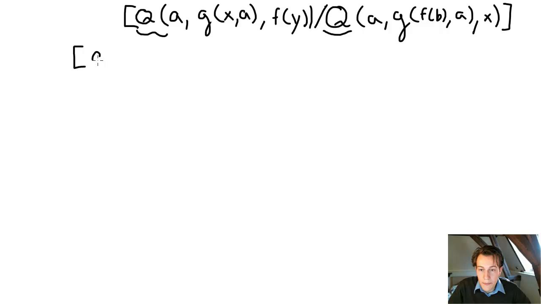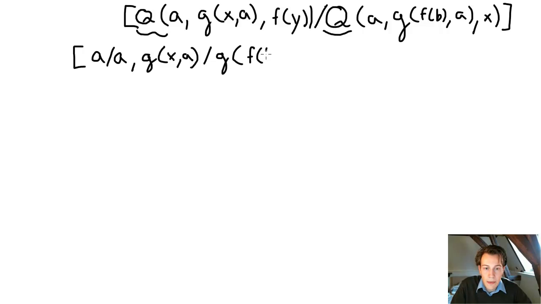We can compare T1 to U1 and T2 to U2. So I'll do just quick. FB, comma A, and we compare FY to X.